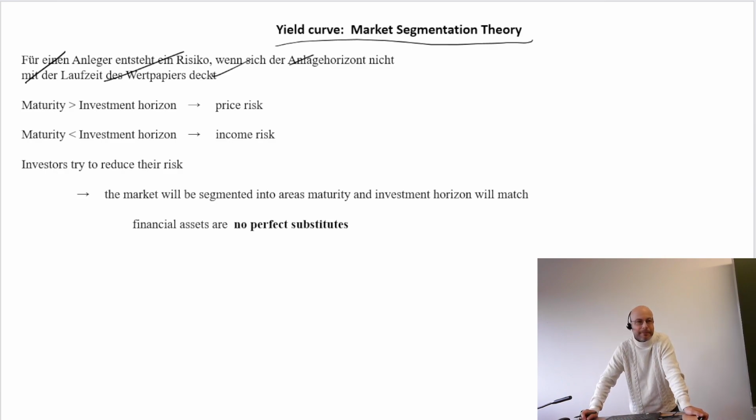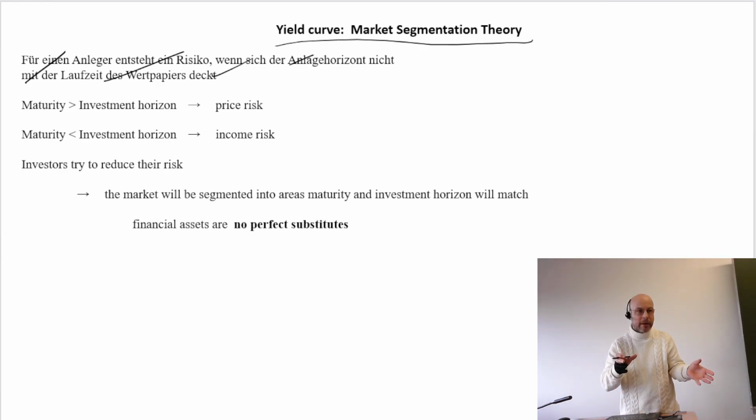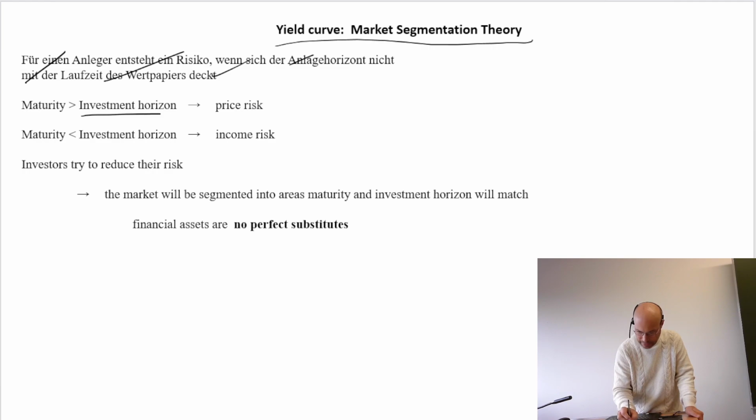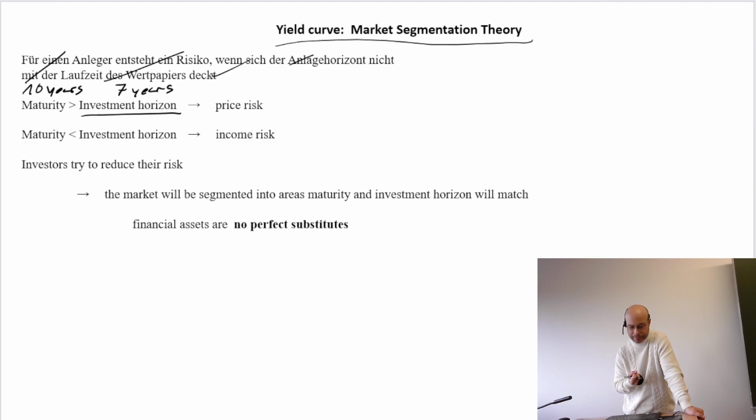This means if you are an investor, and we assume that you maybe want to invest, let's say, 7 years. But in the market, you find only an investment possibility which lasts 10 years. What does this then mean?